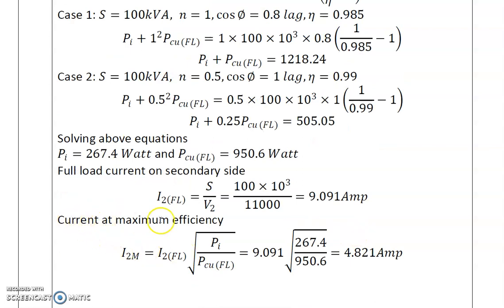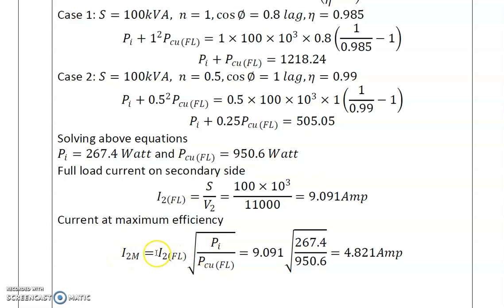So how will we calculate the current at maximum efficiency? There is a formula: the current at maximum efficiency, I2M, is equal to I2 full load times the square root of P_i divided by P_cu full load. The same formula is used for calculating the kVA rating at the maximum efficiency, where I is replaced by S: S_M is equal to S full load times the square root of P_i divided by P_cu. The same formula is applicable for current, with S replaced by the current.